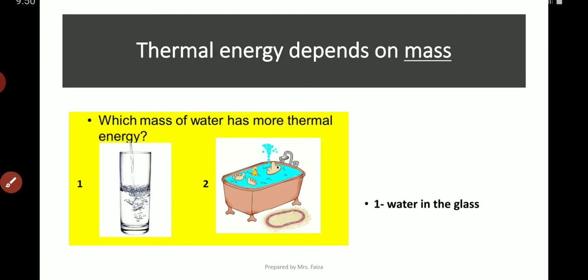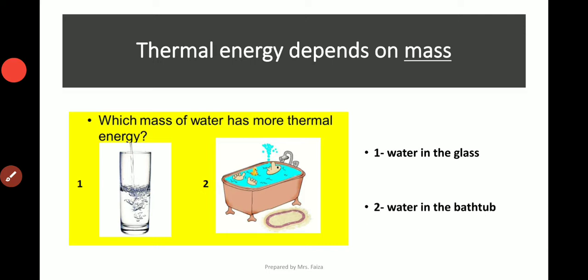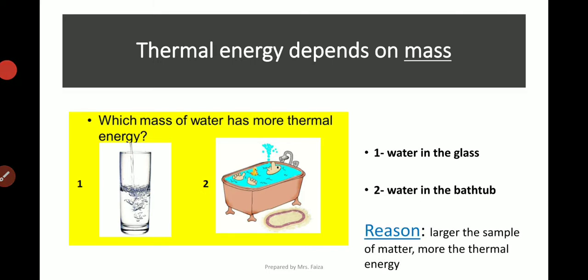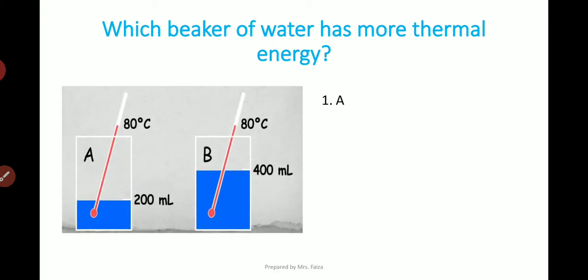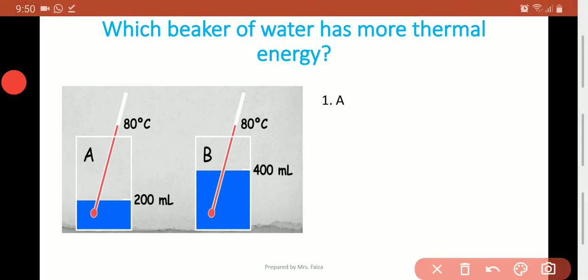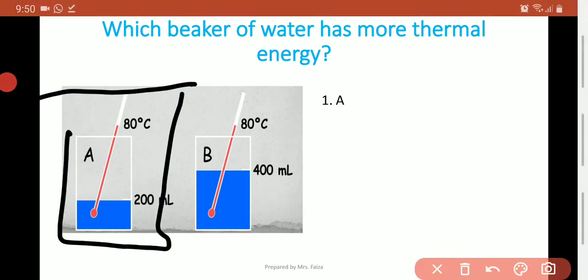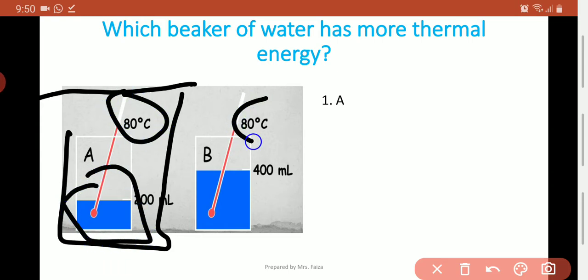Let's complete. Water in a glass, water in a bathtub. Reasons: the larger the sample of matter, the more thermal energy. Which beaker of water has more thermal energy, A or B? Let's start. Here you see both liquid, same temperature.